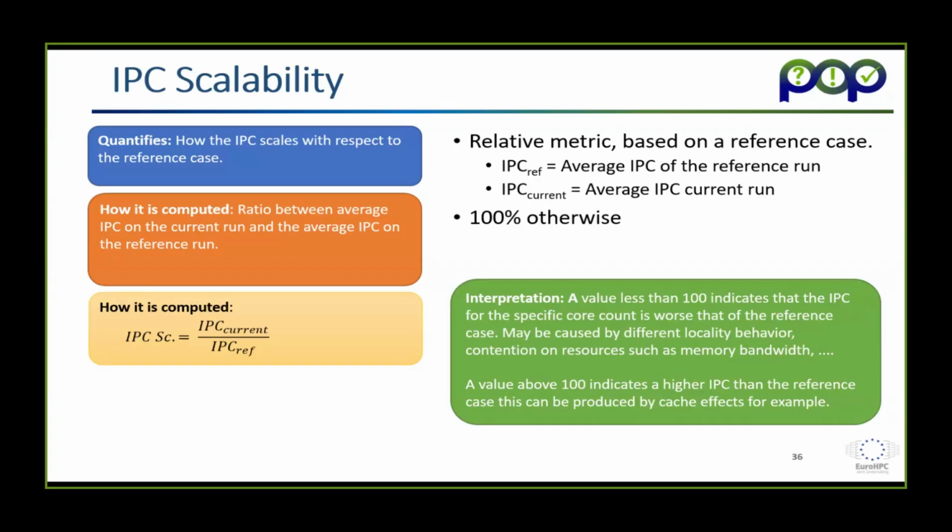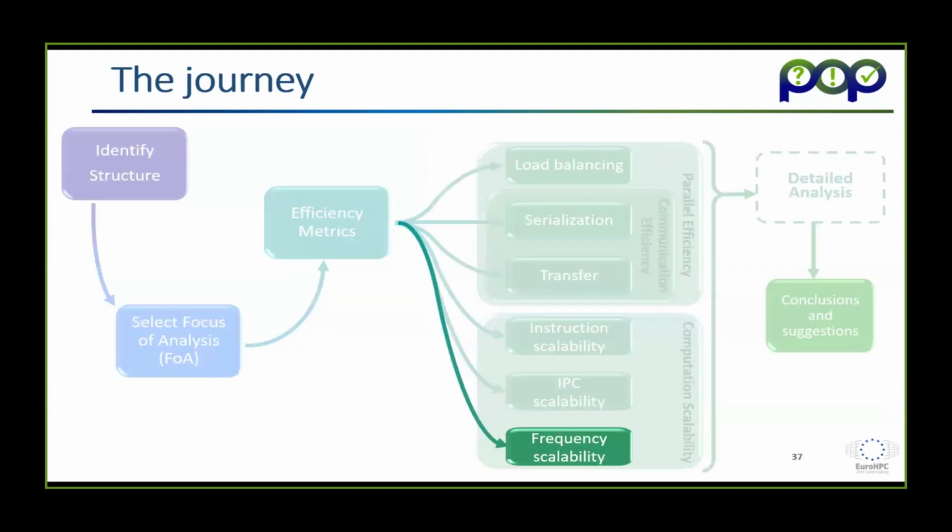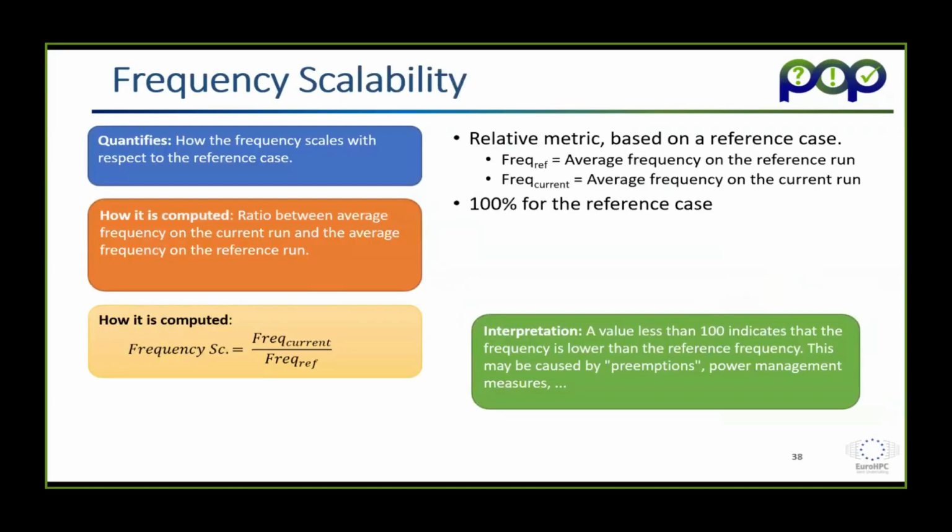In this case, if it is dropping as you scale, it's telling you that maybe you have contention in some resources or a problem with some shared resources. And finally, the frequency scalability is the same case. We compute it based on the base case. And we need to be careful with this one because it could be noise, preemptions, or changes in the power management of the node.